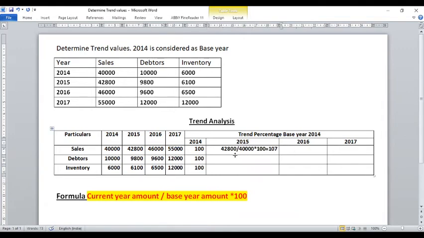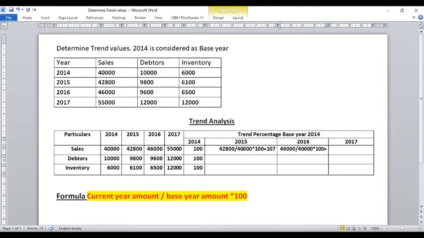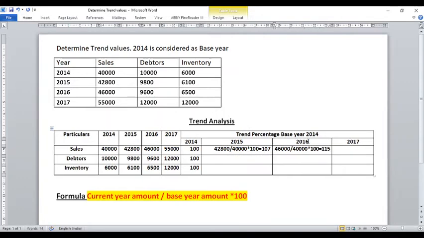Similarly, if you go for 2016, your current year amount is 46,000. 46,000 divided by base year amount 40,000 into 100, you get 115 as the percentage.